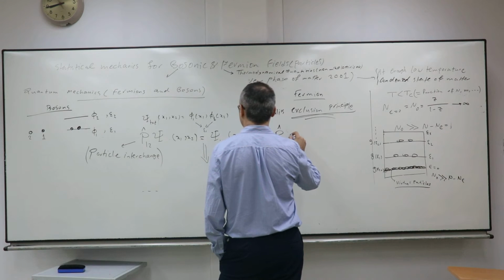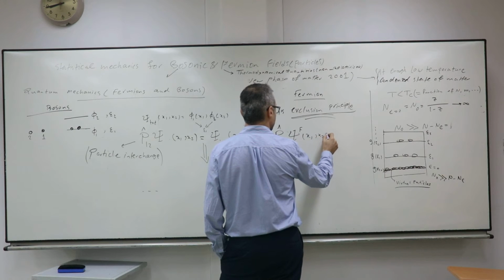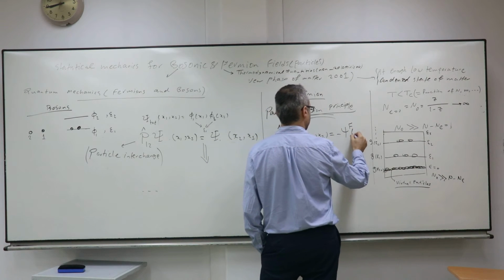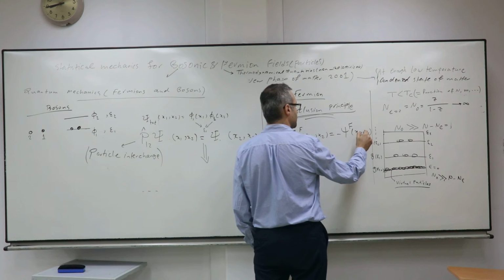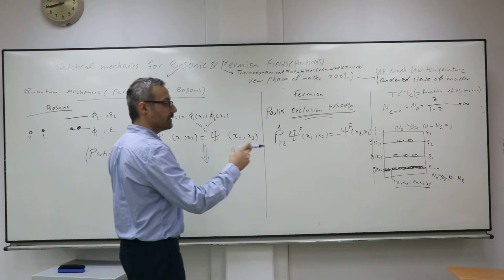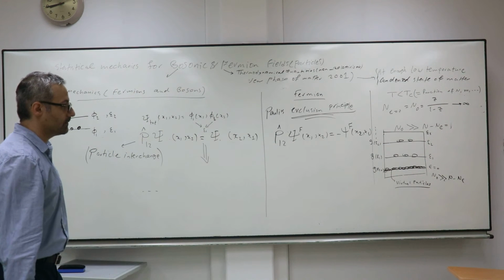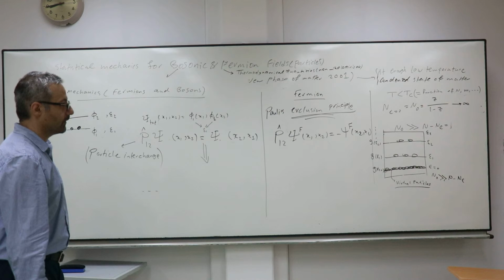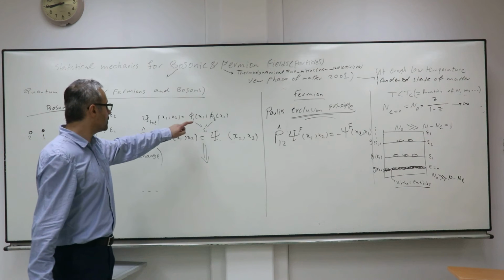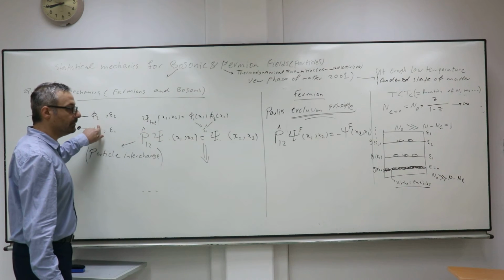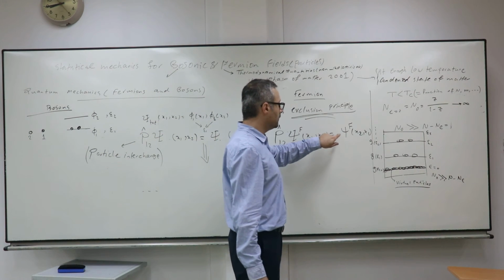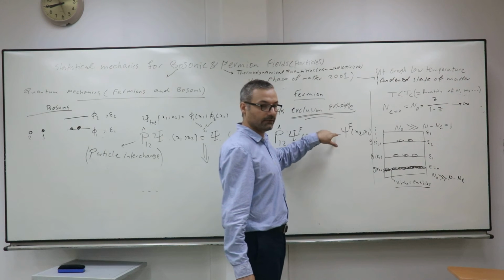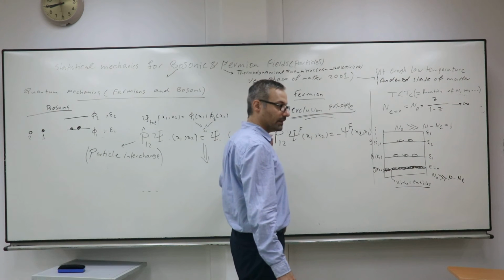The interchange operator over the fermionic wave functions will act with a minus. If you interchange the electrons, the wave function will change sign for fermions. Which combination of phi1 and phi2 can give me a wave function with a negative eigenvalue of the interchange operator?